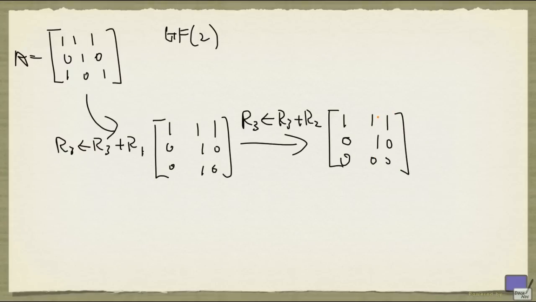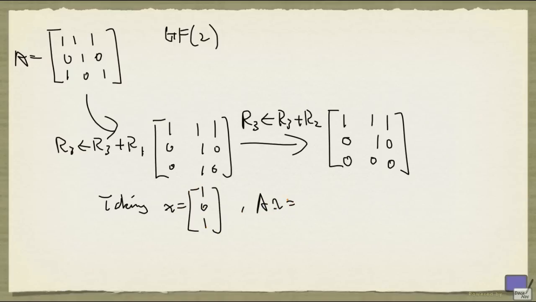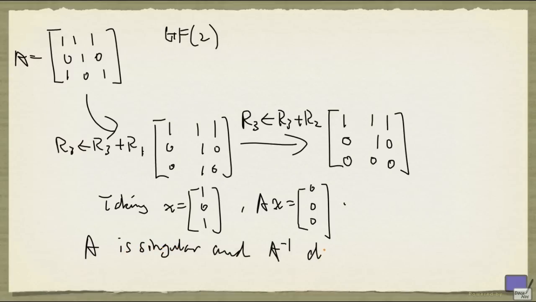And there's no need to go any further because I know that this matrix is going to be singular because x3 is going to be a free variable. And in particular, if I take x equal to 1, 0, 1, Ax is equal to 0, 0, 0, which you can check. So A is singular and A does not have an inverse.